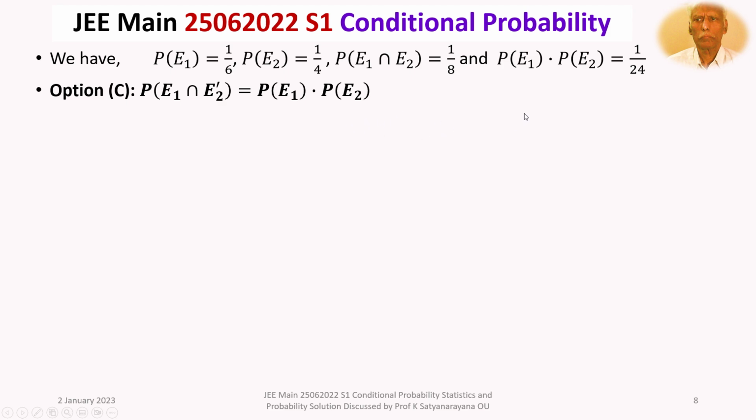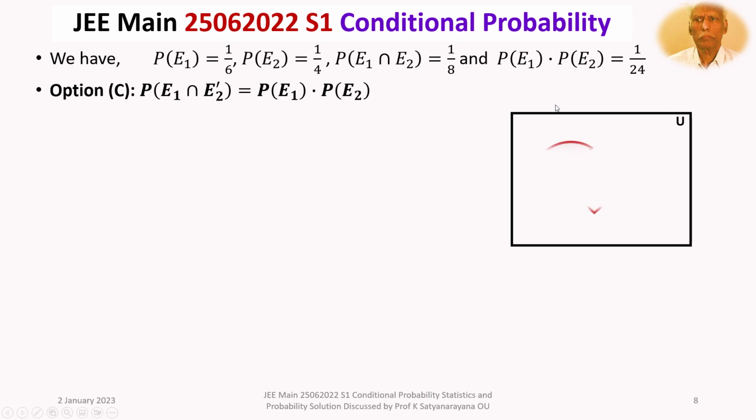So let's look at the Venn diagram. That's the universal set, and the E1, E2, E1 intersection E2. Now what do we want? The next one is E1 intersection E2 complement. This portion, that is the gray colored but not the blue.